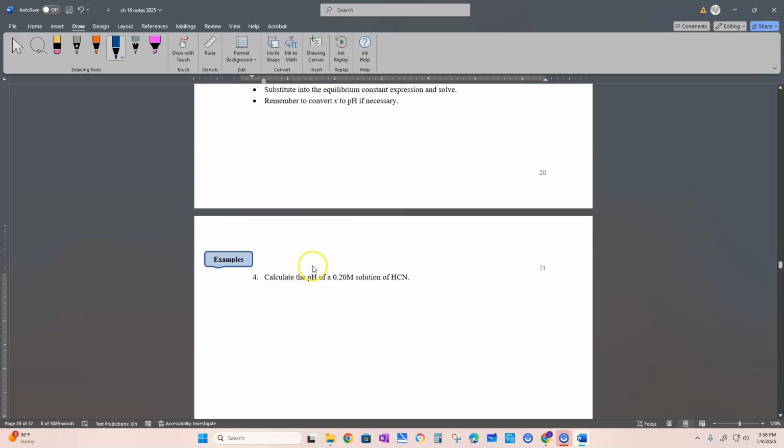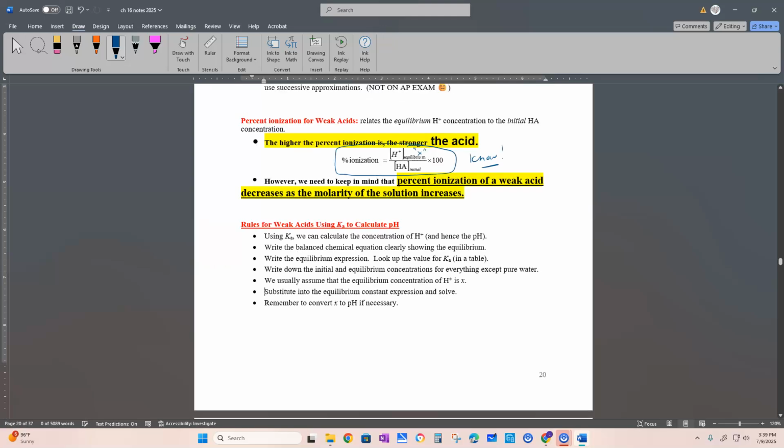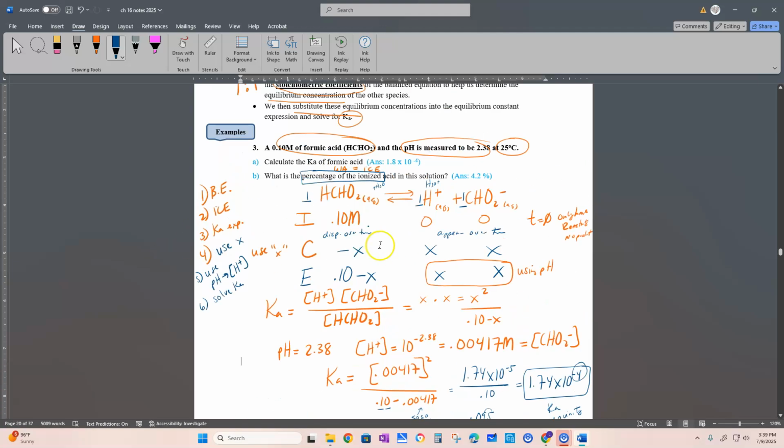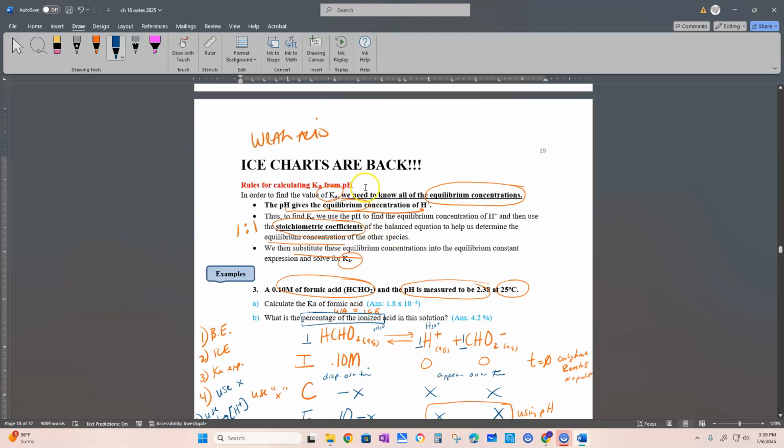So what if we actually want pH and we're given concentration, okay? Well, the other thing that you need to know too, and I didn't put it on here and I'm just noticing, I need to also give you the Ka value. So notice in the directions up here, in order to find Ka, we had pH.